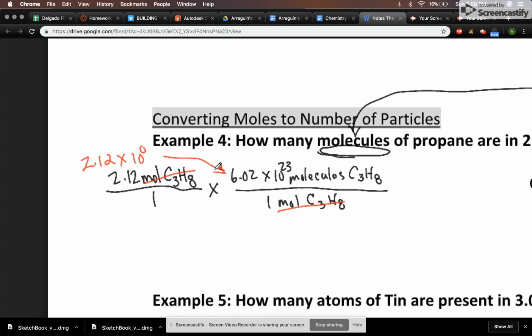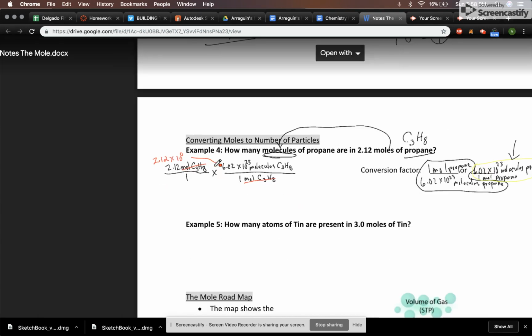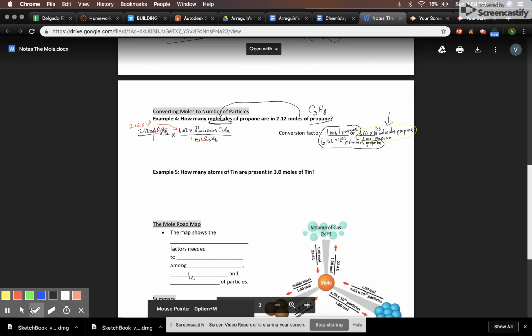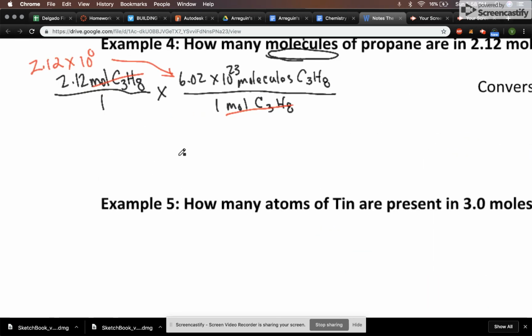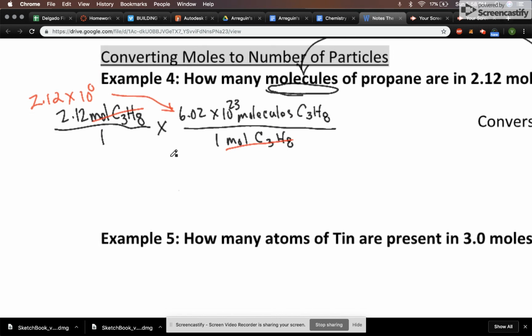What we do here is multiply our coefficients, so 2.12 times 6.02, and then add our exponents.